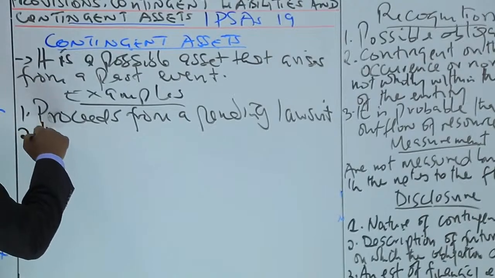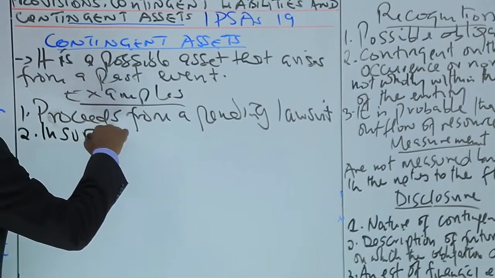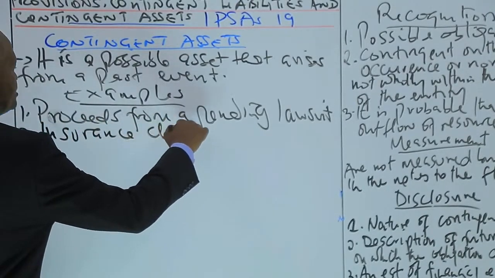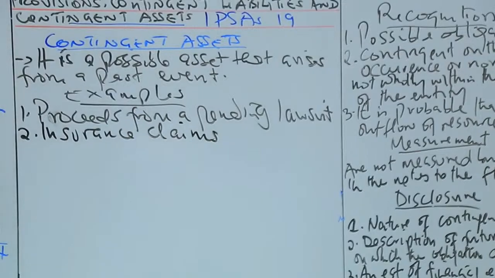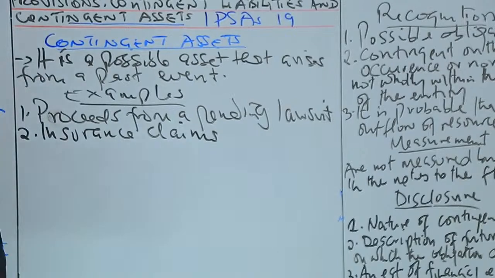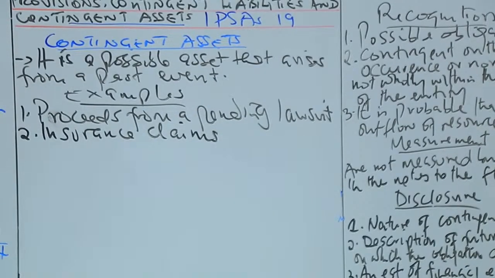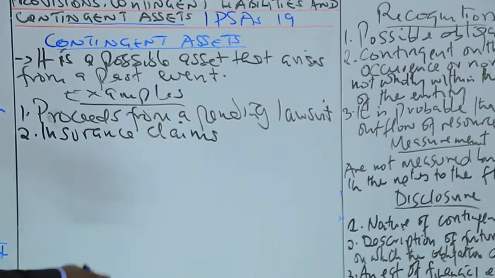Number 2, insurance claims. A company or a public sector entity may be awarded some money as a result of damage, may be compensated or indemnified. Insurance indemnity can also be considered as a contingent asset.